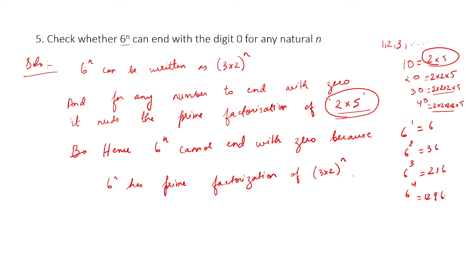So for any value of 6 to the power n, as you keep on increasing the powers, you're going to get numbers ending in 6, 36, 216, 1296. It's not possible at any moment that you will end with a digit 0. Also, focusing on prime factorization, for any number to end with a digit 0 you always need 2 into 5. Here, 6 to the power n gives you 3 into 2 to the power n, so it is simply not possible. So this should be your answer.